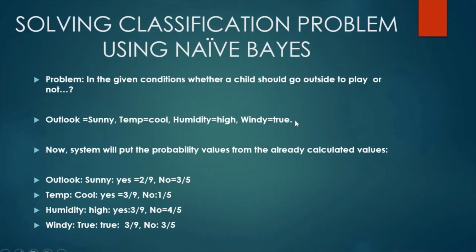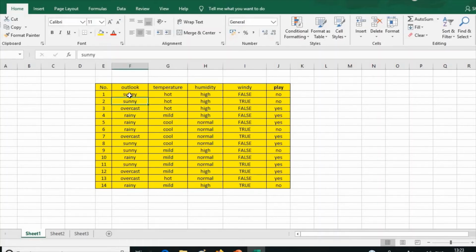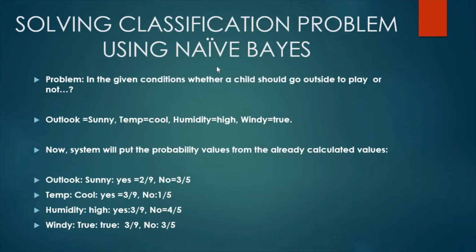So Outlook is Sunny, temperature is cool. We find that Outlook is Sunny is there. Here we find Outlook is Sunny, temperature is cool, and humidity is high. But humidity is normal here, so we cannot find any instance where this problem matches.